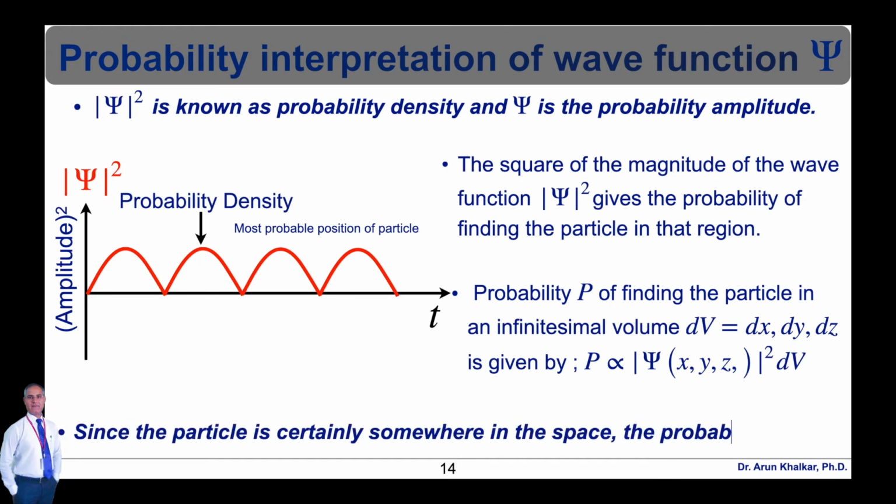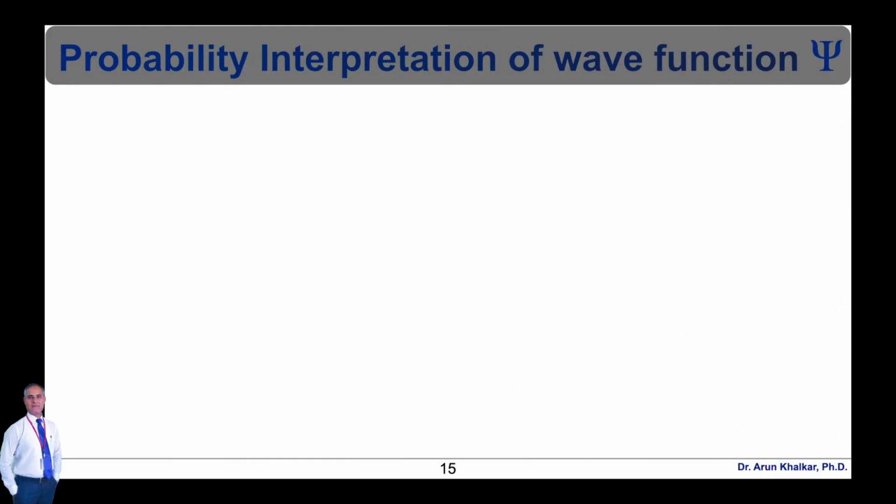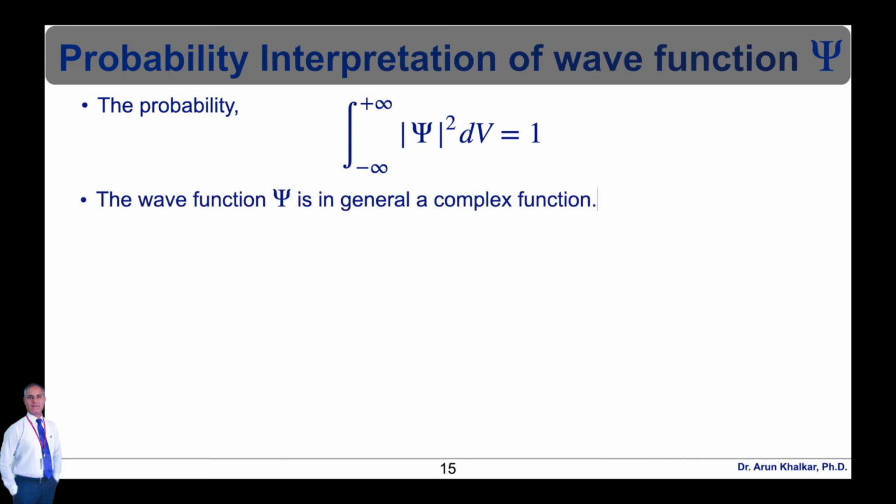Since the particle is certainly somewhere in space, the probability P is equal to 1. Therefore, the probability can be written as the integral with limits minus infinity to plus infinity of psi mod square dV equal to 1. The wave function psi is in general a complex function, but the probability must be real.